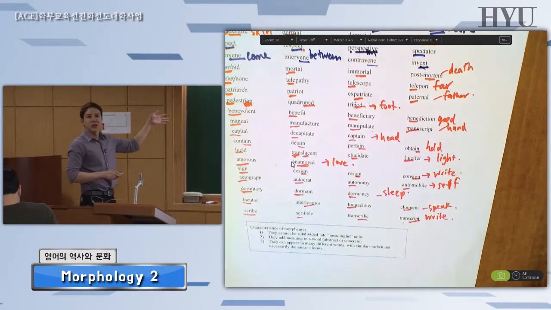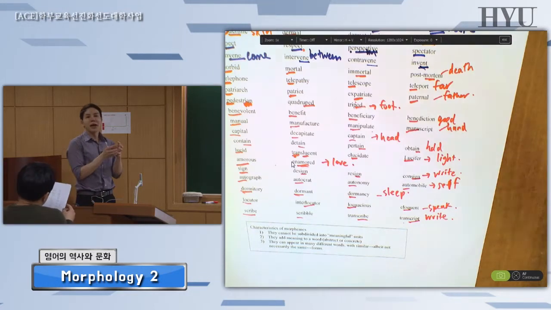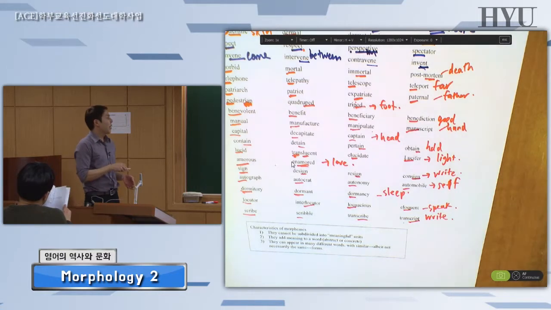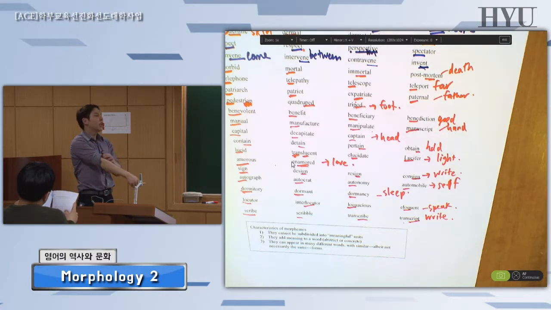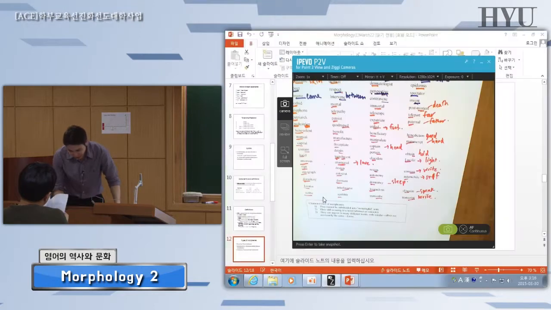So all of this is to show you that words can be dissected, can be cut into different pieces, and each piece has a meaning, and when you combine all of them, the new meaning should arrive. Okay? And all of these are morphemes that you should be well versed in, meaning that you should know them by heart. Okay? Because you see them a lot.